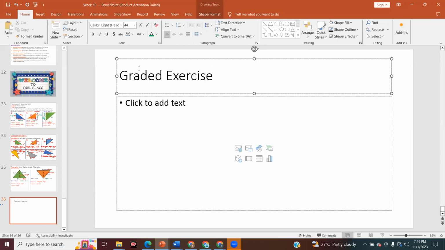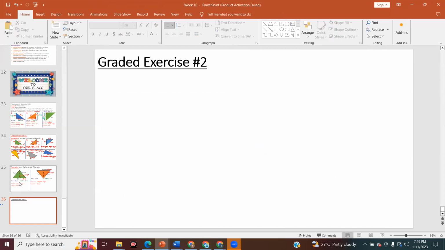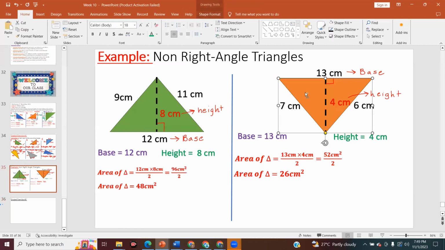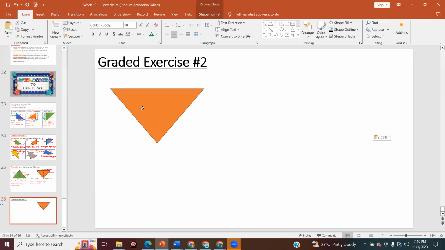Number 2. We only have about 10 minutes to do this, so let's get this underway. Nothing deep, just basically iteration of what we just did.